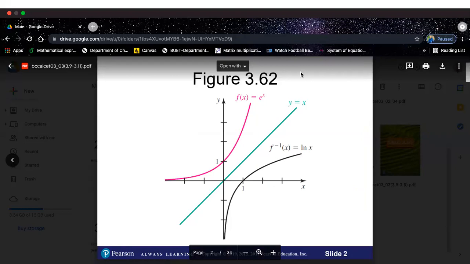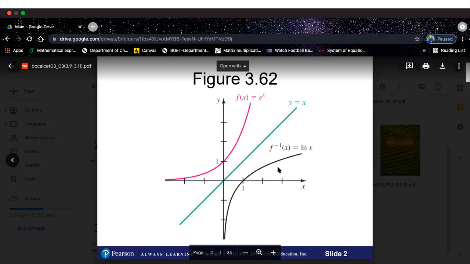If you just have a mirror like this, creating a 45-degree angle with the x-axis, these two graphs will look like a mirror image of each other.